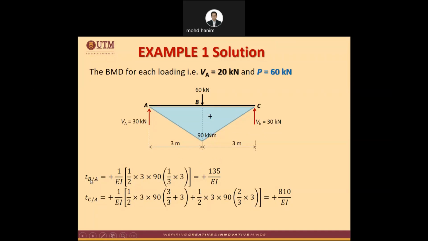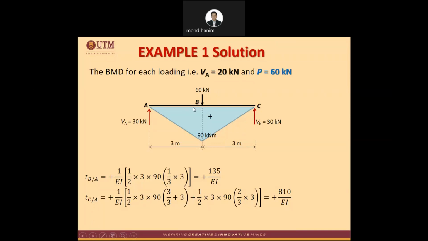What is TBA? TBA is B in relation to A. What is TCA? TCA is C in relation to A.